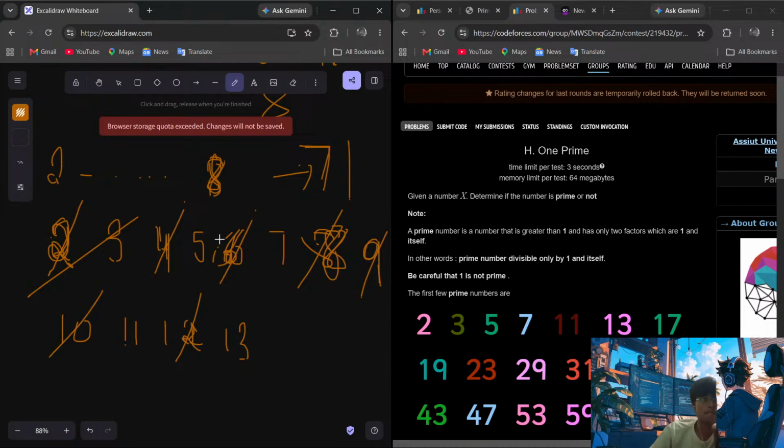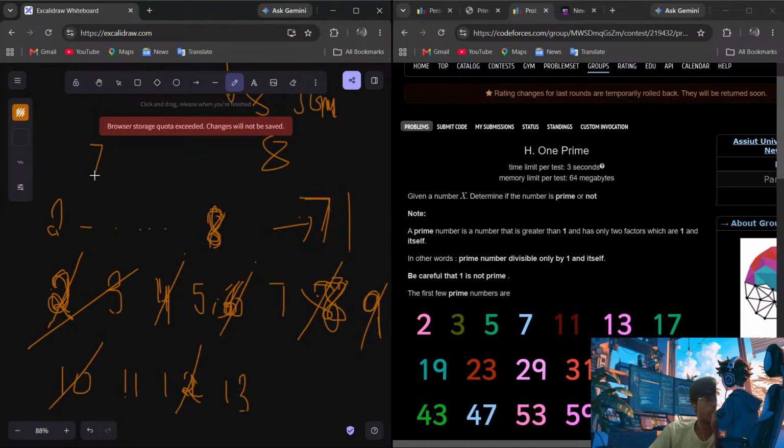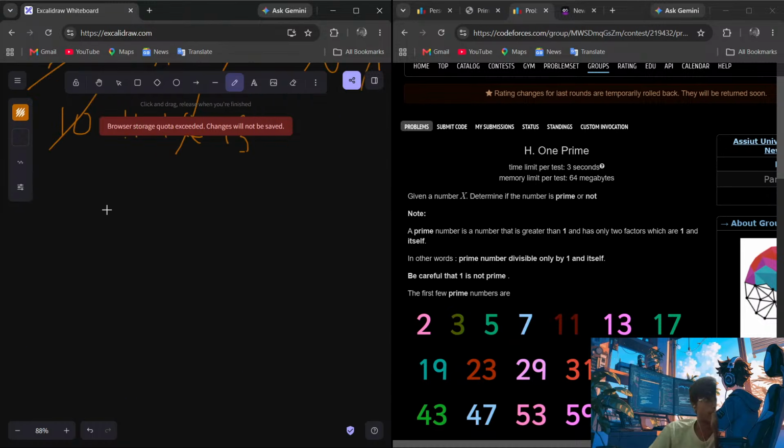So let's try it. If I divide 71 by 3, what will I get? 3 twos are 6, and I get 1, then 11, 3 threes are 9, and I get 2, and then I have to take the decimal values.